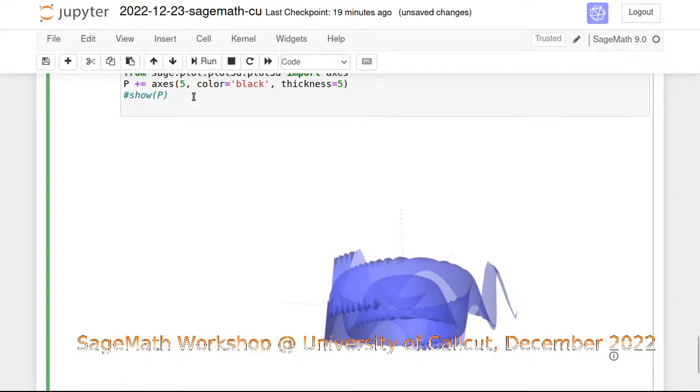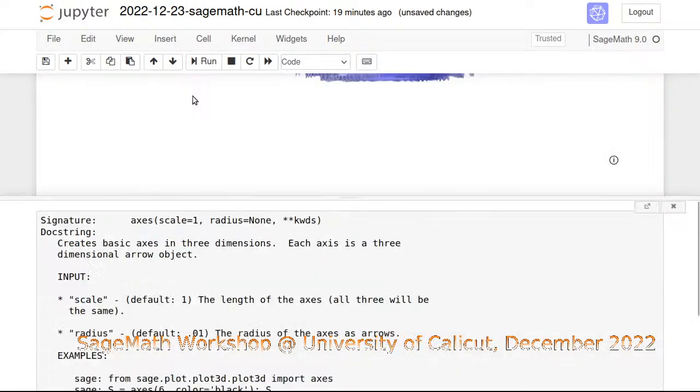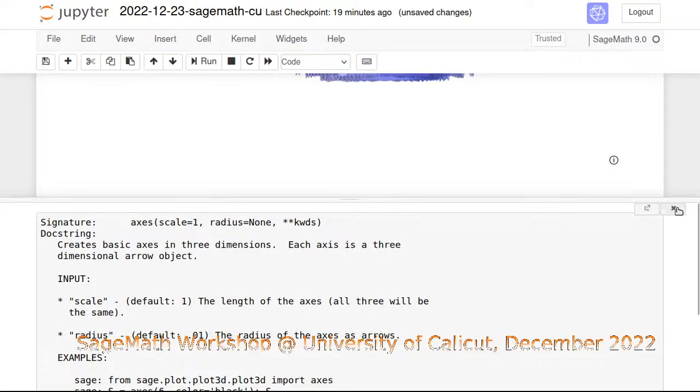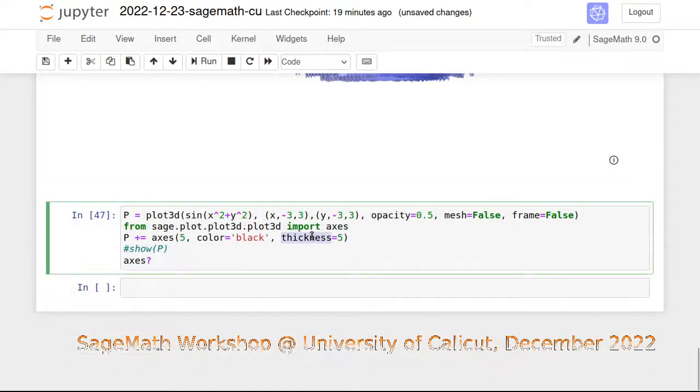We just try that. Now you can call for the axis thing, because we have already imported the axis command from the Sage library. The radius is something that we can give, the radius of the axis as arrows. I think that the radius command should probably work, not thickness.